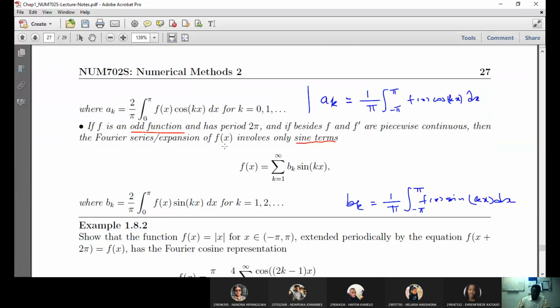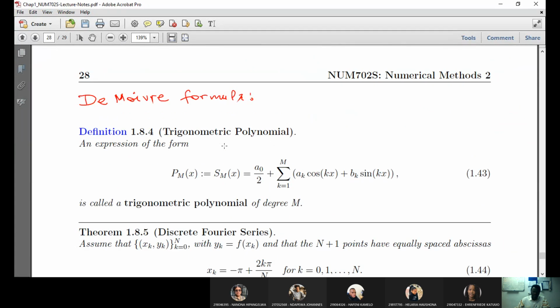If I'm not mistaken, the Moivre formula is also called Euler's formula. Let me write it here so that you will not say I didn't tell you. It should also be called Euler's formula or identity, so it will contrast with the previous one.